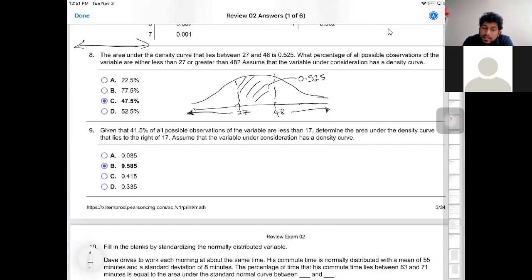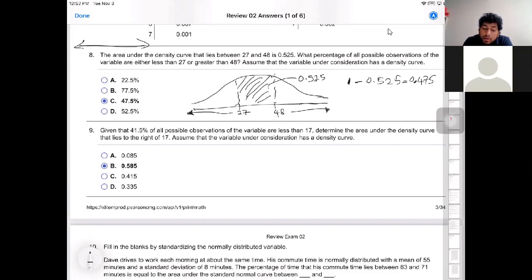So it is easy, right? How do we find the area that does not belong to 27 and 48? You know the total probability under this curve is 1. So 1 minus 0.525 is equal to 0.475. What is this 0.475?